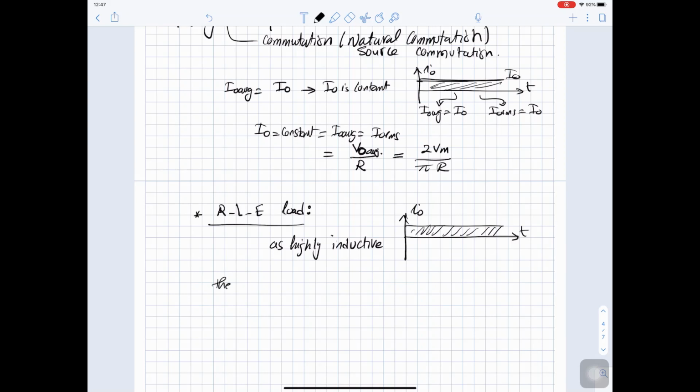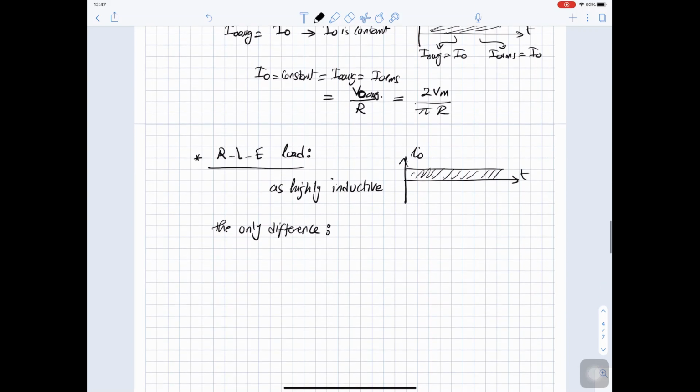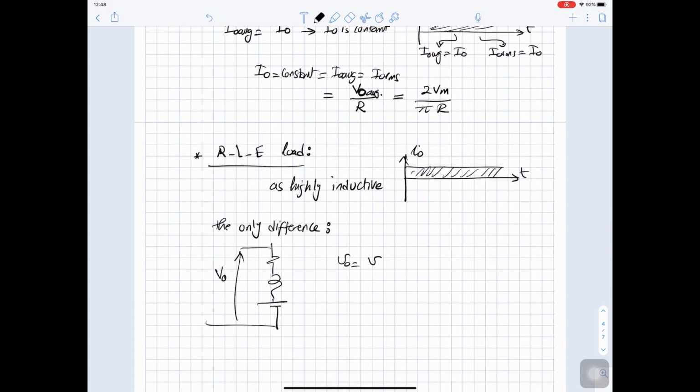The only difference between RLE and RL, if you look at the load here, is V out. So V out equal VR plus VL plus E. So this is VR, VL, this is E.